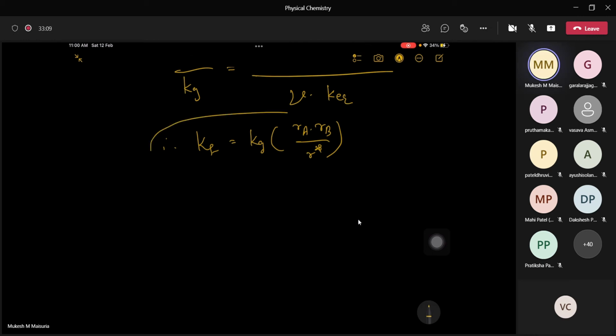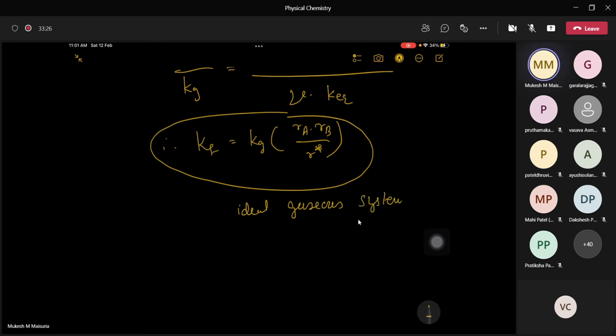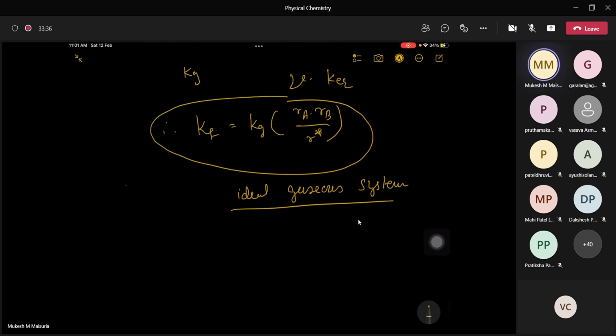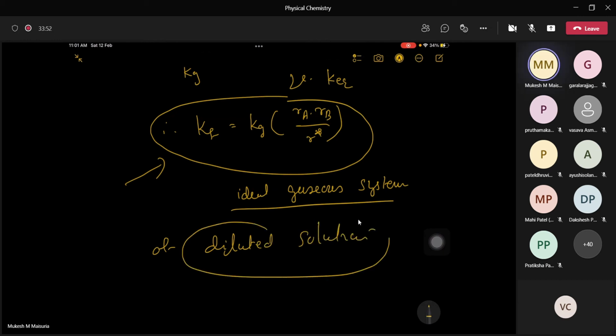Now, this equation, in which we have discussed the ideal gaseous system, we use for relating the rate constant of dilute solutions, because dilute solutions generally behave ideally.